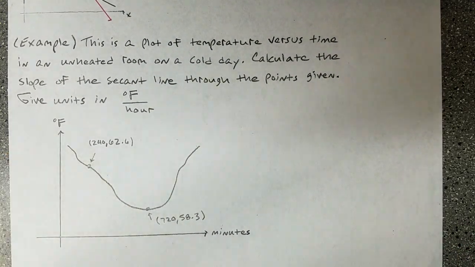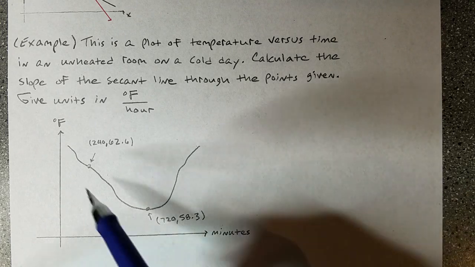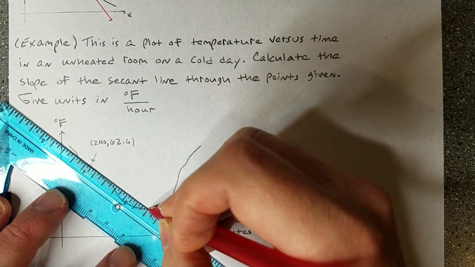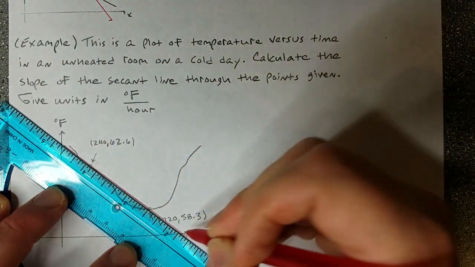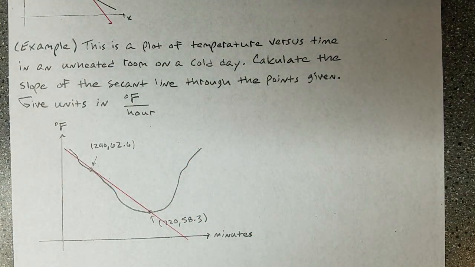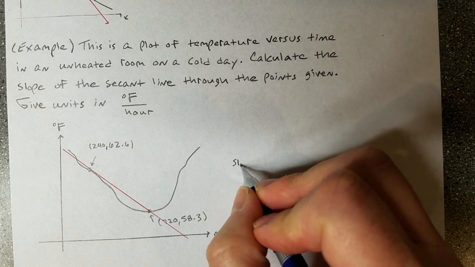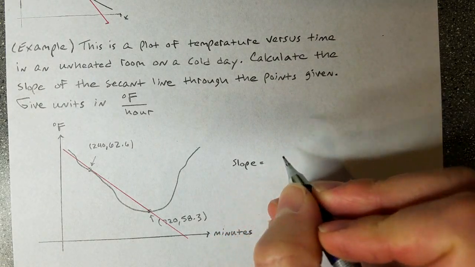Here, if I do that same thing, then I have a meaning to the number. So, there are the points. I probably don't need to draw the line for you, but why not? Here's the secant line right through those points, and I will tell you how steep that line is. The slope of that secant line right there. You know how to do this.